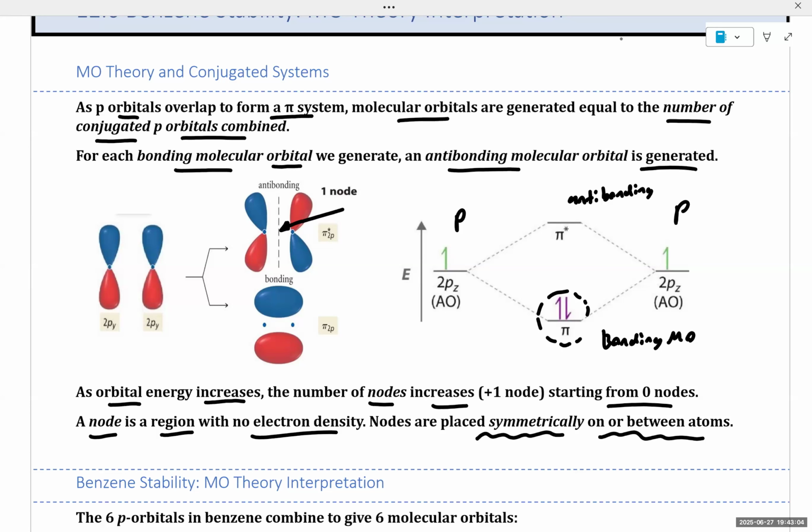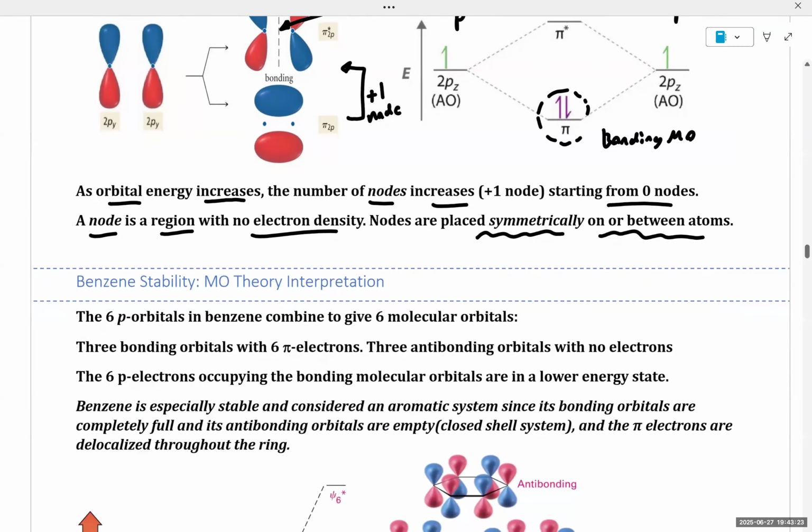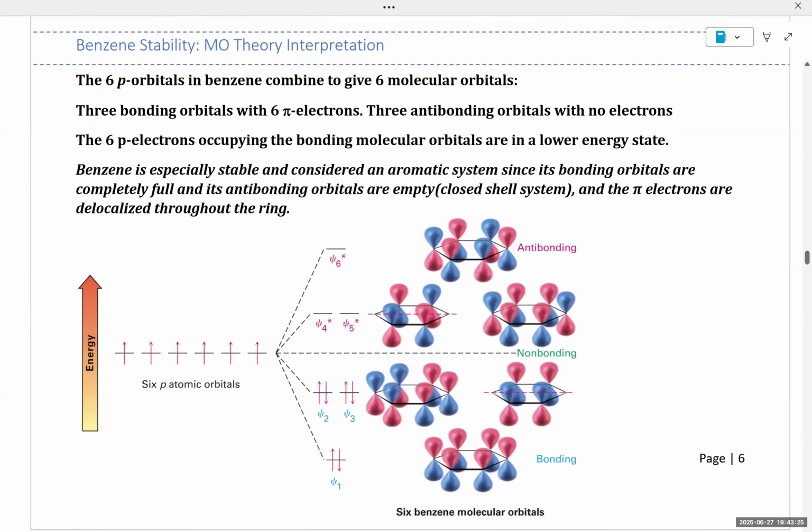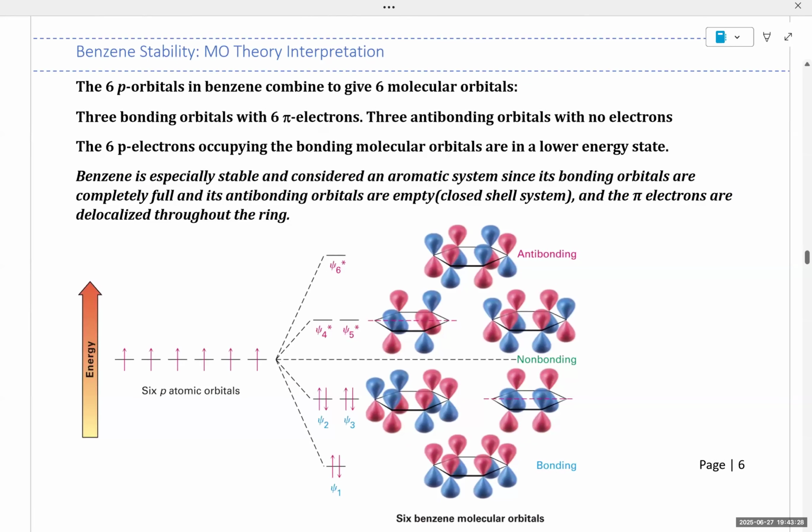What does a node look like? Right here. Here is a node. As you can see, there's no electron density in this region. Notice as we go up in energy, we increase the number of nodes that we see. Now, part of the reason why benzene is particularly stable is that if we take the 6 p orbitals in benzene and we generate 6 molecular orbitals, we generate 3 bonding orbitals with the 6 pi electrons and 3 antibonding orbitals with no electrons.